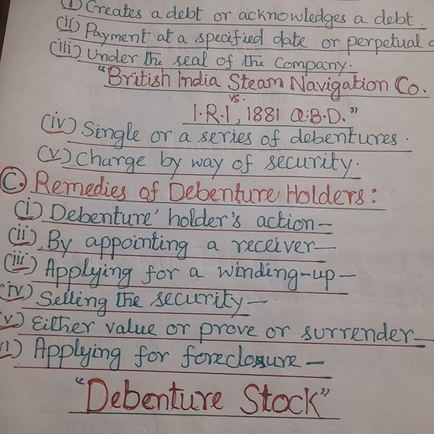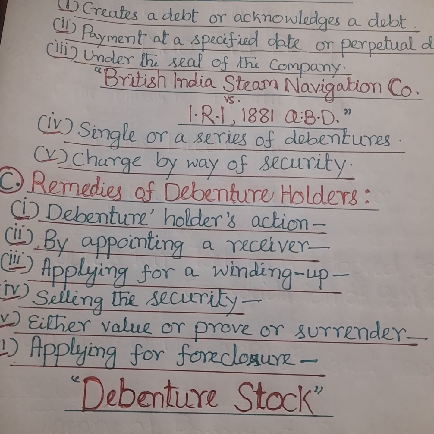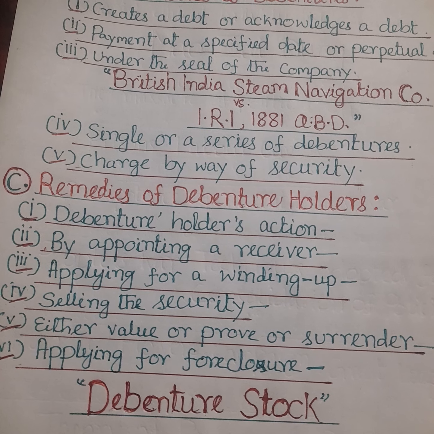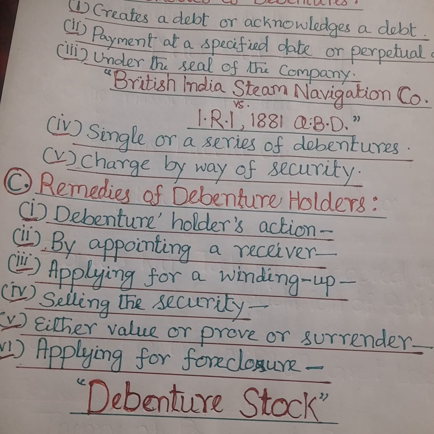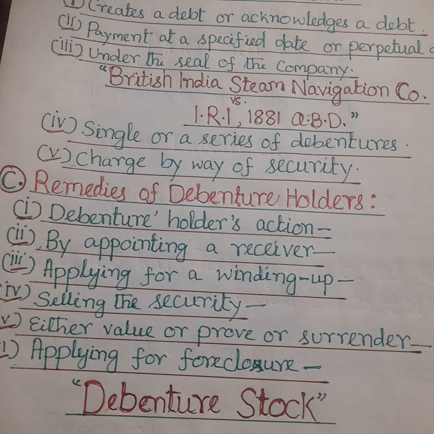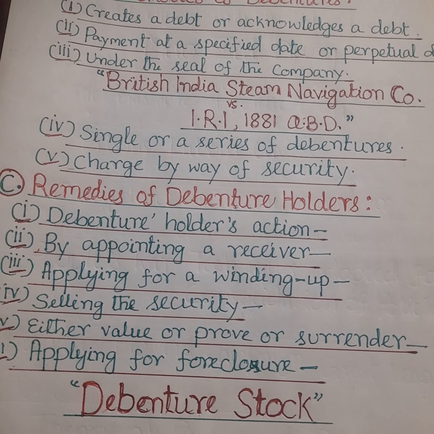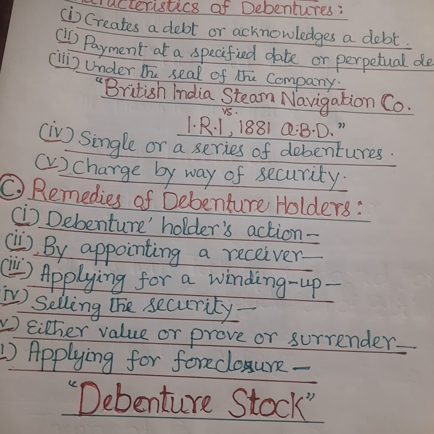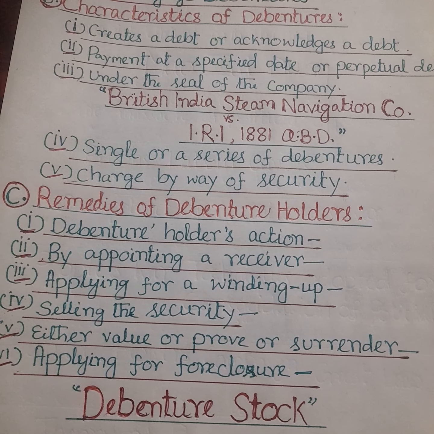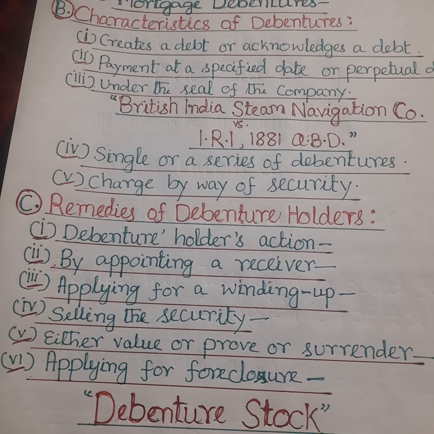And the fourth remedy available to the debenture holder is that he can also sell the security through the trustees, if the debenture trust deed gives the trustee power of sale.